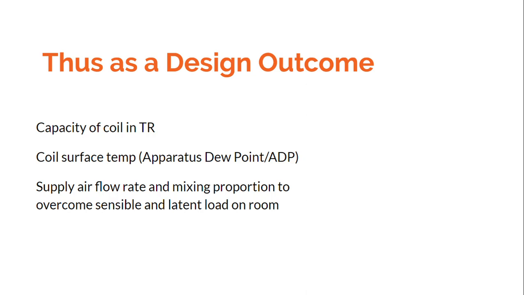This is what is called design of AC system, or more specifically design of the cooling coil if the application is comfort air conditioning and we are talking about summer air conditioning. Thank you.